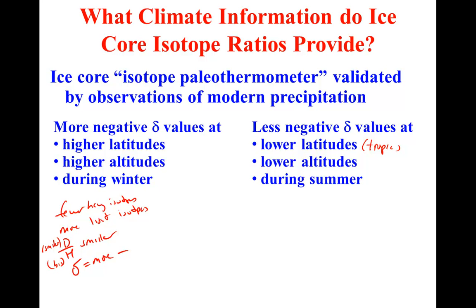We get more heavy isotope during the warmer temperatures of summer than we do during the colder temperatures in winter. In other words, at warmer temperatures, we see more heavy isotope in the precipitation. As a result, the ratio of heavy to light isotope gets larger, and the delta becomes less negative as a result.